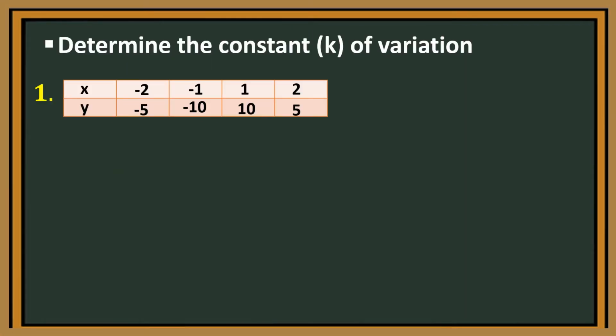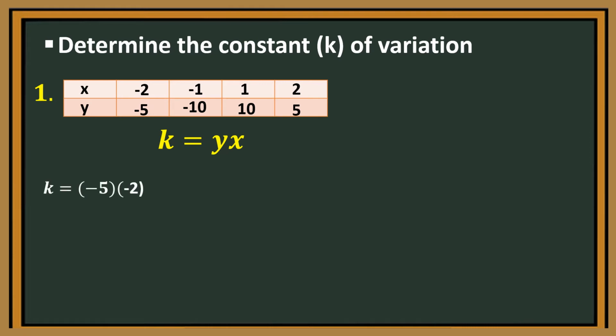How to determine the constant k of variation given the table? Always remember, constant of the inverse variation, k is equal to yx, or y times x. By substitution, we can get the constant. The first column, the value of y is negative 5, and the value of x is negative 2.